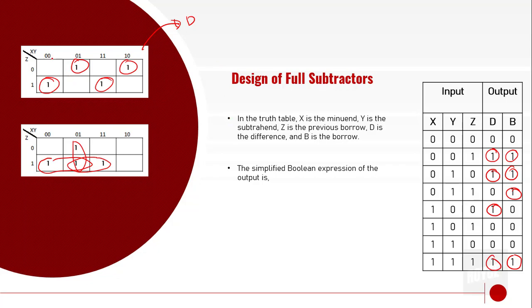For D, that would be x prime y prime z, or x prime y z prime, or x y z, or x y prime z prime. So, ito na siya. And then for B naman, that would be, ito is x prime z, and then next is this is yz, and then this naman, itong patayo is x prime y.